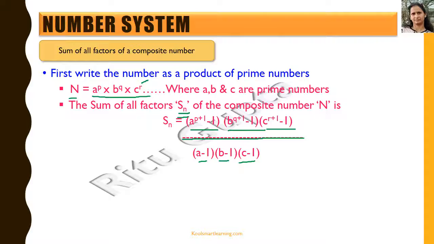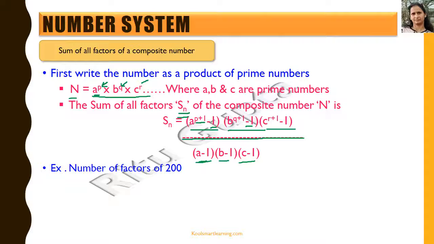So the sum is a raised to power p plus 1 minus 1, into b raised to power q plus 1 minus 1, and c raised to power r plus 1 minus 1 and so on, divided by all these prime numbers with 1 subtracted from them and then taking the product of all of them, which is (a - 1)(b - 1)(c - 1) and so on. So the complete sum of all the factors of this composite number is given by this expression.